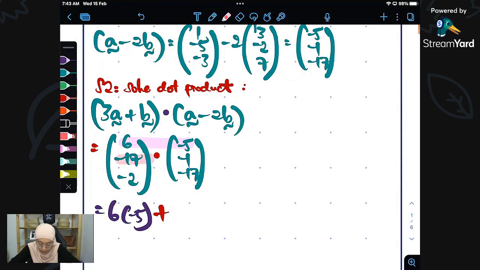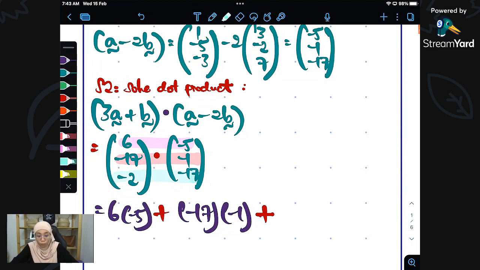So plus the second one, which is negative 17 times negative 1. And then put a plus again. You must put a plus again, all right? With negative 2 times negative 17.